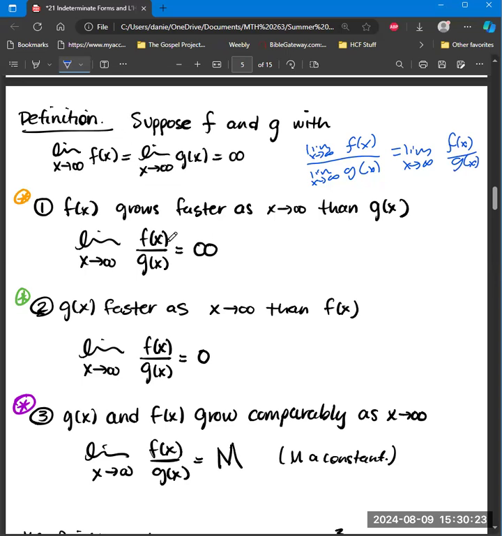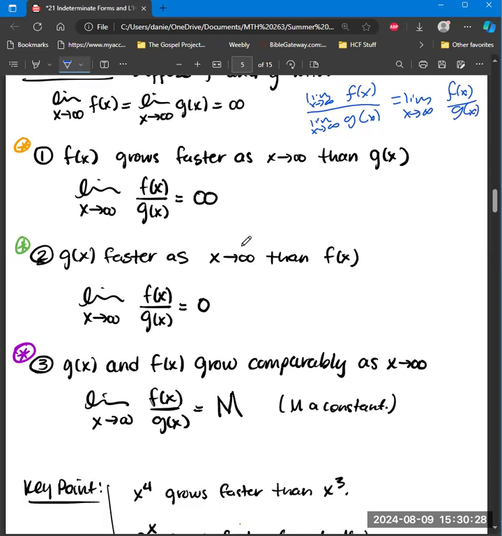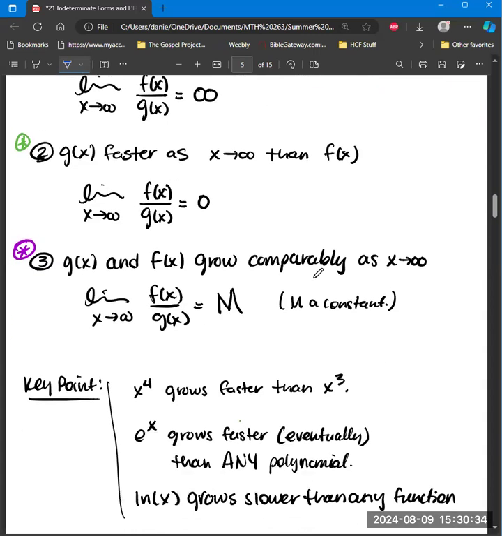So if f of x grows faster than g of x, then the limit's going to go to infinity. If g of x grows faster than f of x, then the limit is going to go to 0. This is just a big concept in math, an important one, that we talk about how fast a function is growing, because not all infinities are the same.